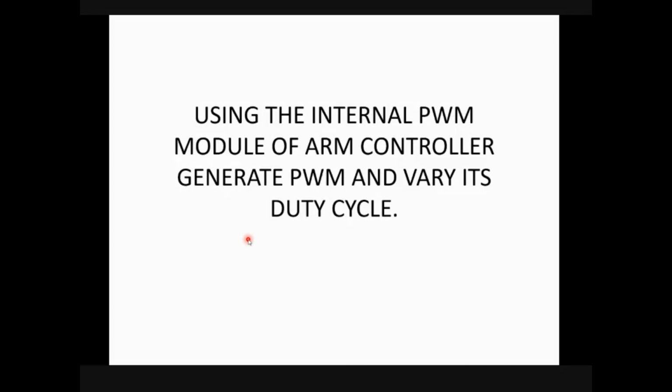We interface this internal PWM with the LPC 1768 so that our device will generate the PWM wave, and add commands in the program to vary the duty cycle. And we can see the output of the PWM wave by using the CRO when we conduct the lab experiment.